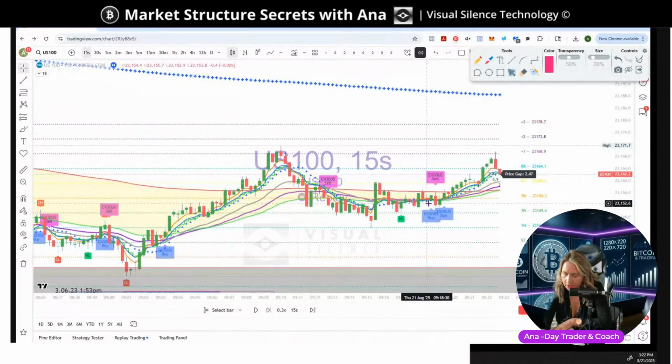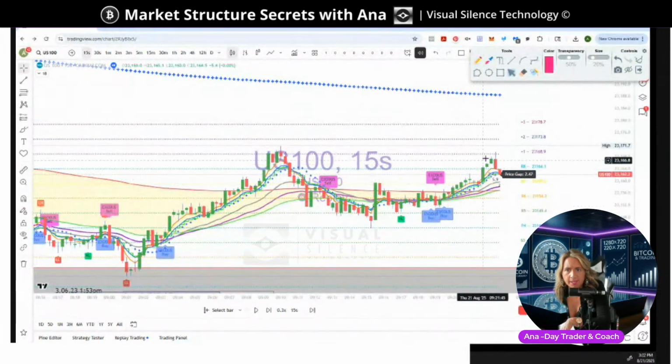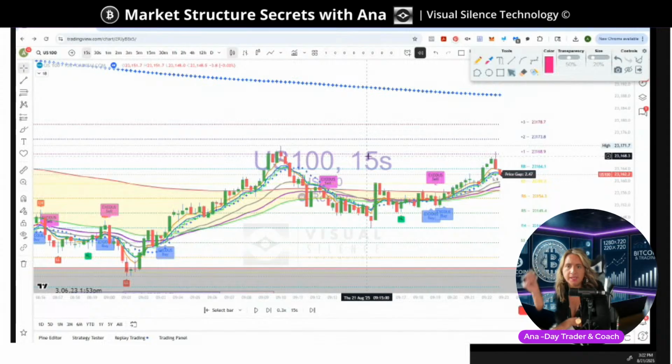I'll put TP zone. That way we can make it more specific. All right, so for this Exodus cross, I'm showing you how it did execute and did go to the zone where I anticipated it to go. So that is considered a good alert signal.